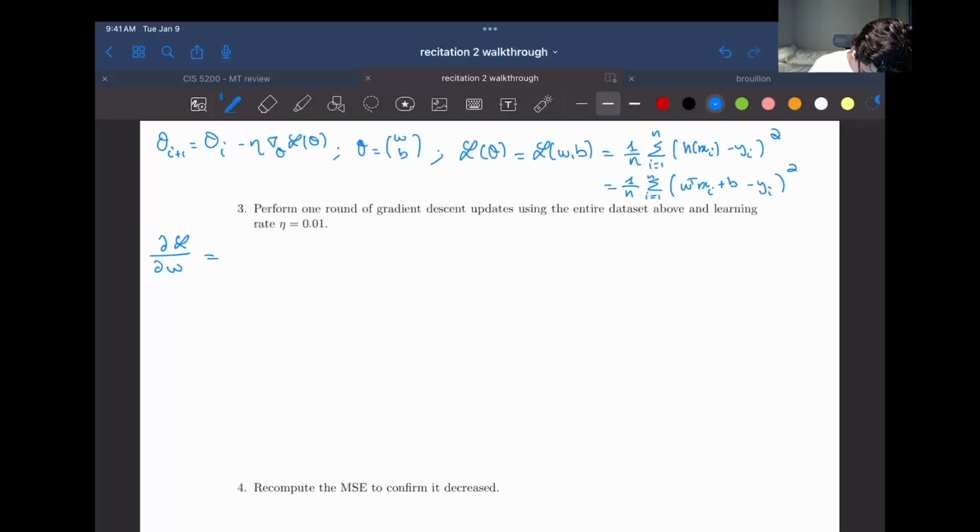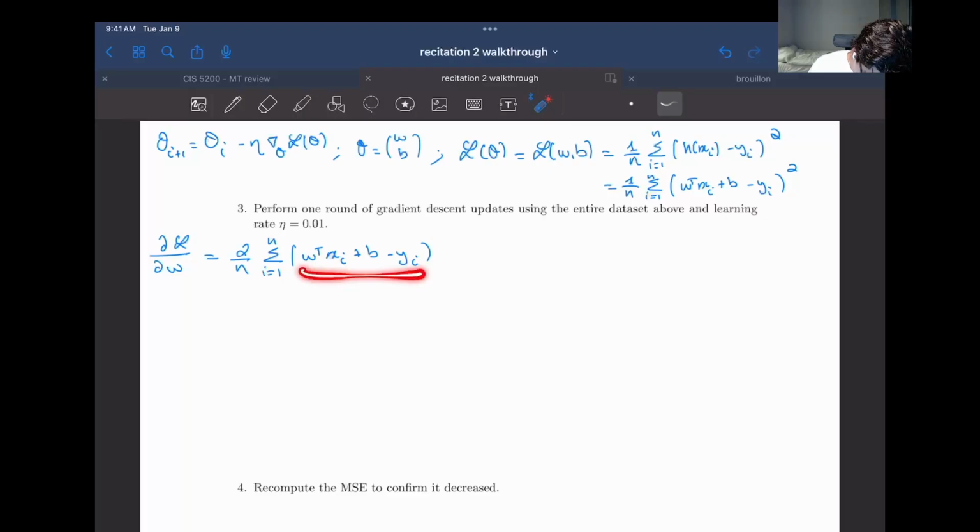So the derivative here is going to be 2 over n, summation i over n, and then this is just f, times f prime. So what is f prime?